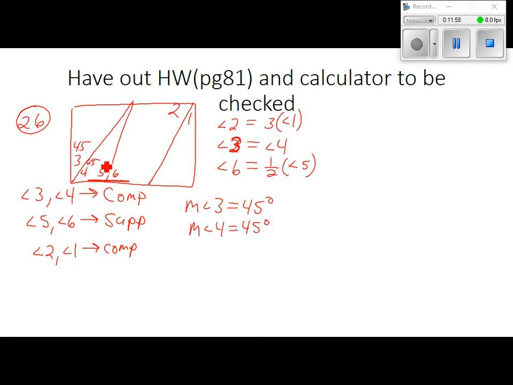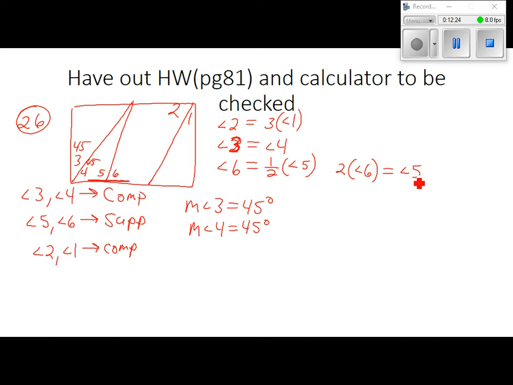She wants angle 6 to be half of angle 5. What do we know about angle 6 and angle 5? They add up to 180. So instead of saying half of, what could we do? 6 is twice 5. So we want 2 times angle 5 to equal angle 6.